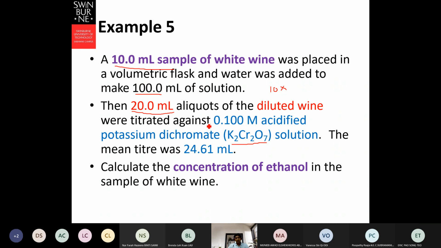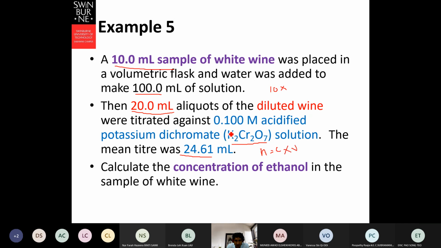The mean titer was 26.61 milliliter. So from here we understand that N equals C into V, right? N equals C into V.